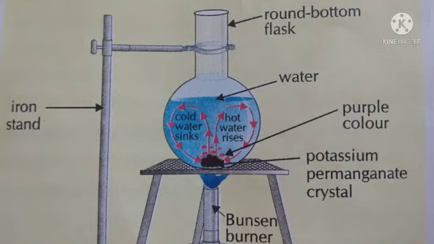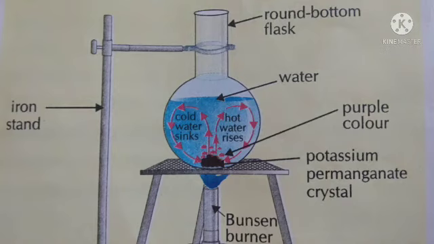Potassium permanganate is a crystal and its color is purple. When we heat it, we can see that the potassium permanganate crystal dissolves slowly and forms a purple colored solution.